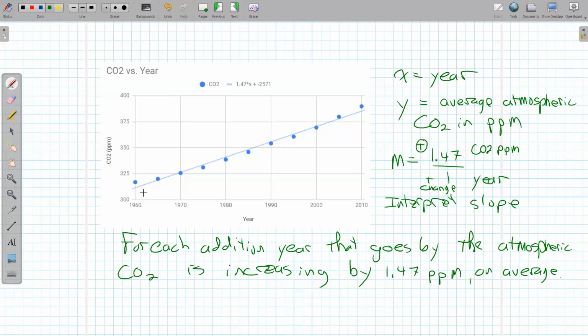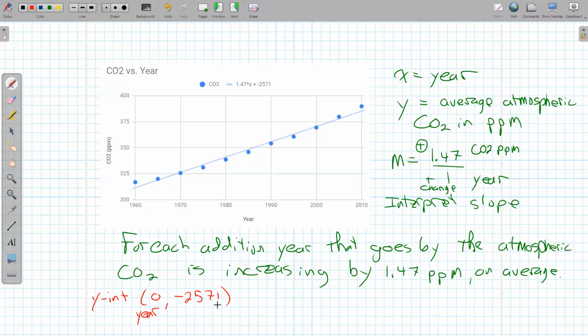Sometimes the Y-intercept is significant, sometimes it's not. If I was also asked to interpret the Y-intercept, here is the point 0, negative 2571. This is the actual year, so what is year 0? That was 2,000 years ago. 2,000 years ago, the atmospheric CO2 was negative?